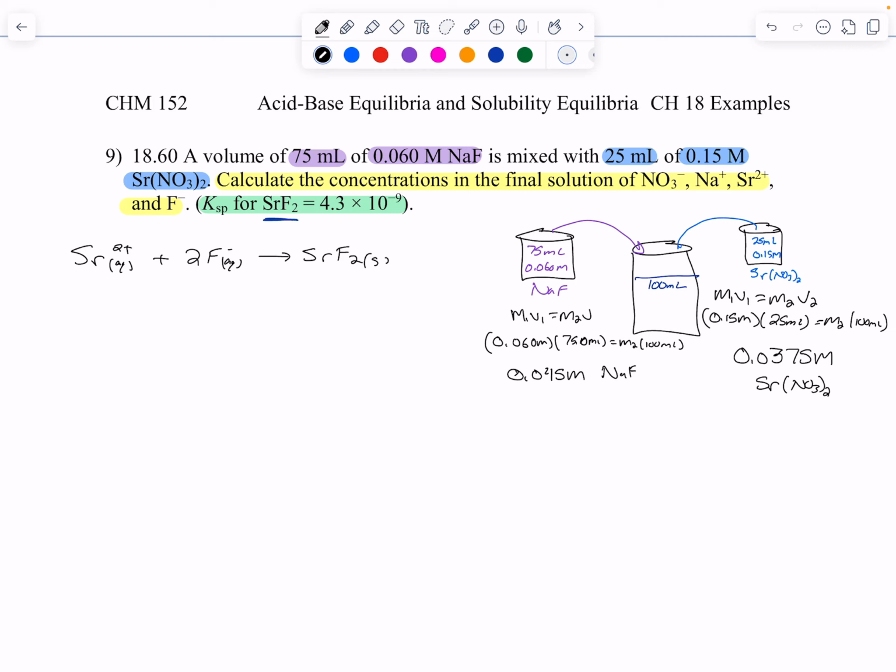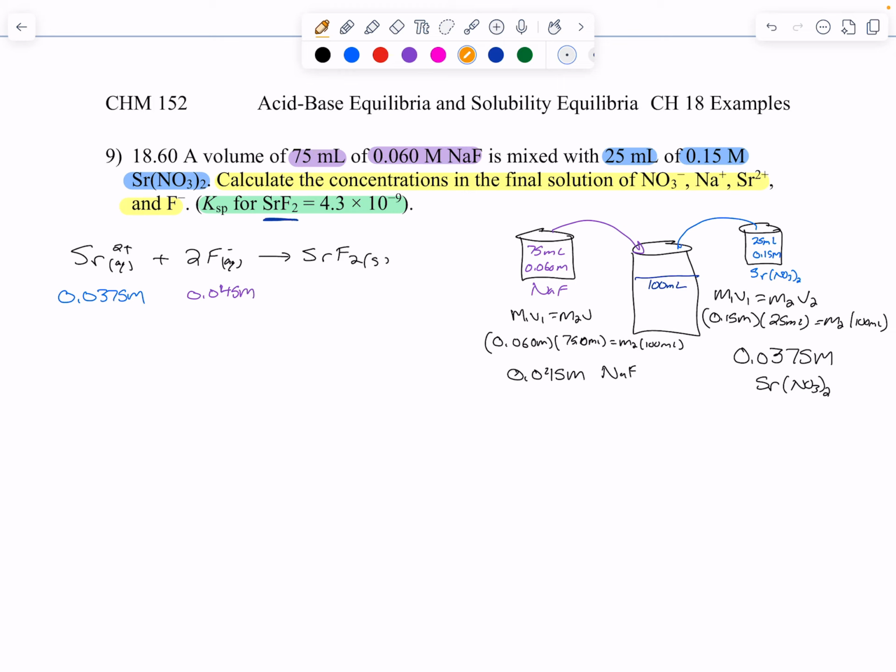All right, so continuing on, going back, we would have strontium at 0.0375 molar. Fluoride, we have 0.045 molar. Okay, that's great. Who's the limiting reactant? Well, fluoride is, right?